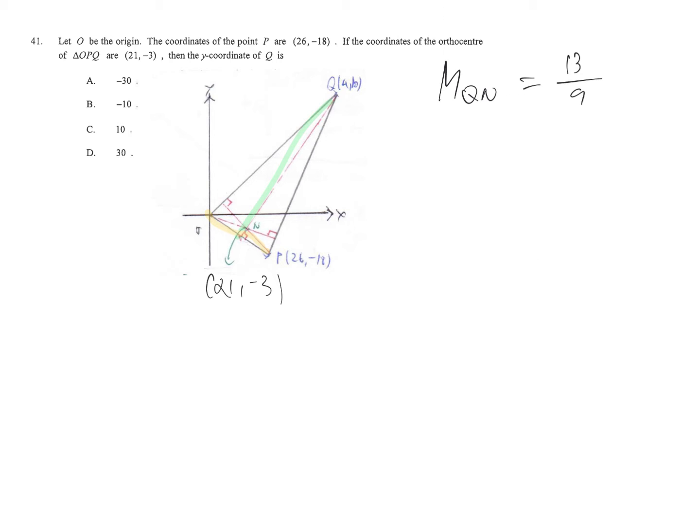So now we can build up an equation of slope equals slope. The slope of QN, we follow the same formula, y2 minus y1 over x2 minus x1, should equal 13 over 9.